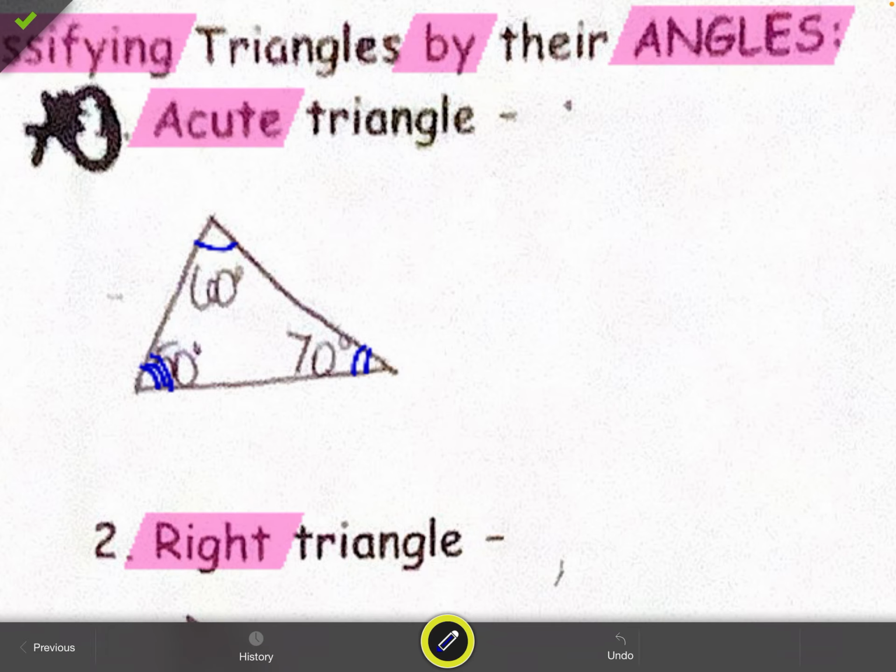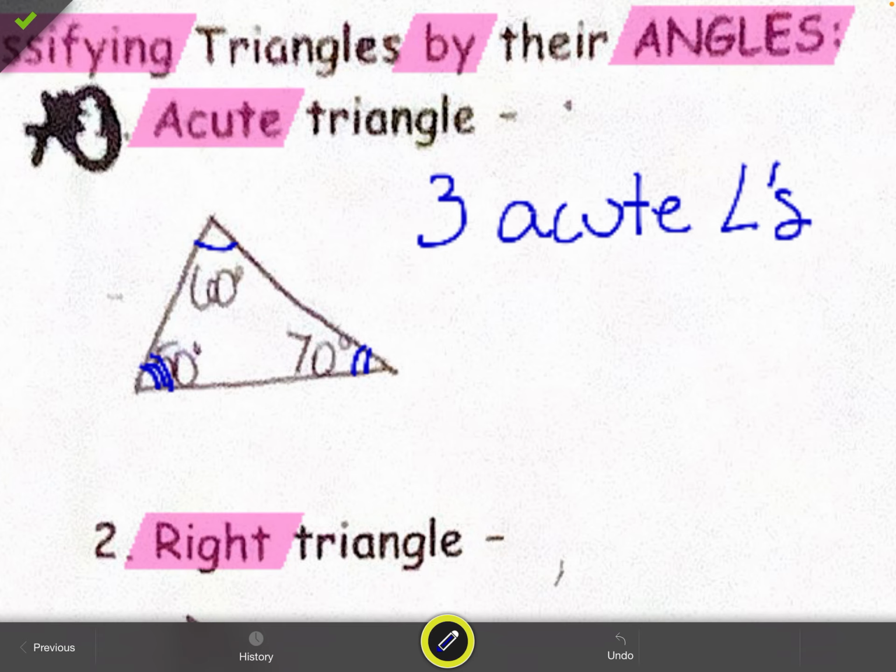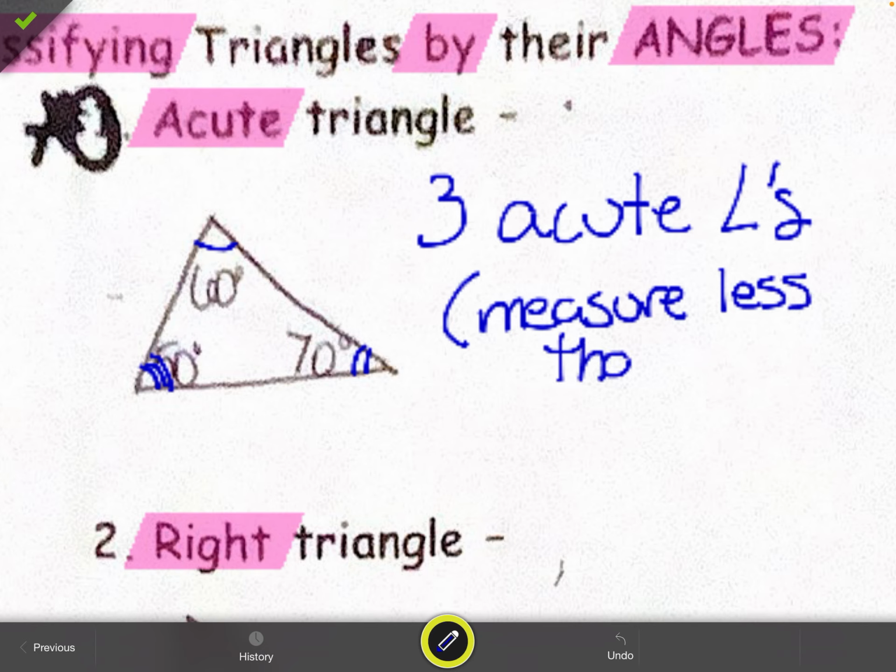So to be an acute triangle, you have 3 acute angles on the inside. They all 3 have to measure less than 90. And you might want to write that down if you forget what acute means. Measure less than 90 degrees.